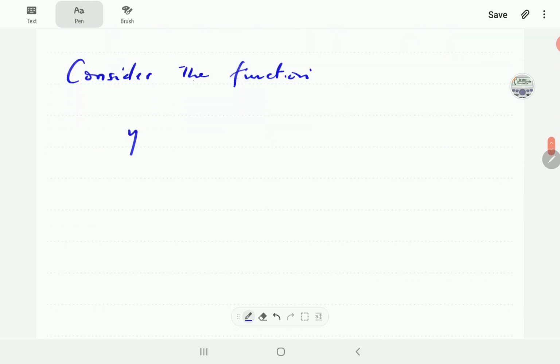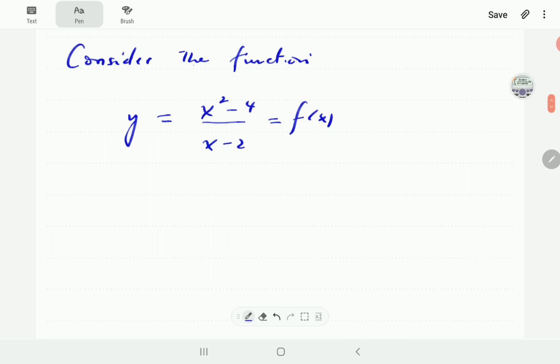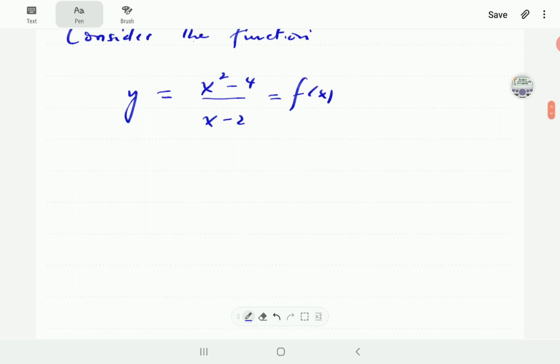So imagine we have the function y equals (x squared minus 4) over (x minus 2). We can call this y, or we can call it f of x.